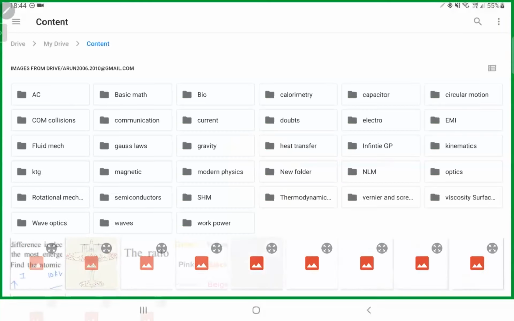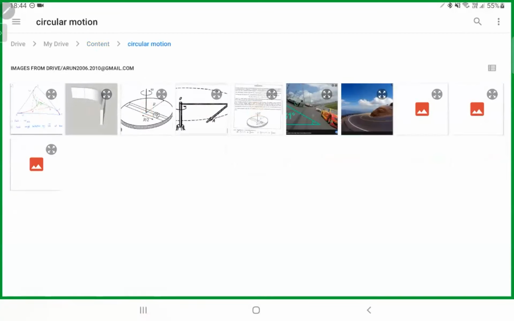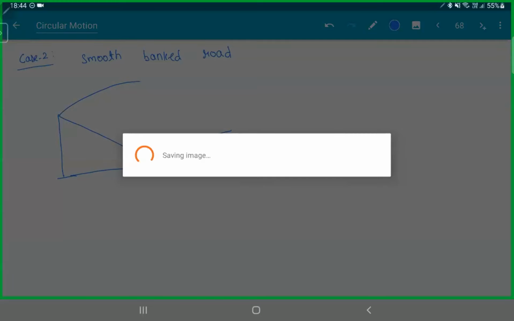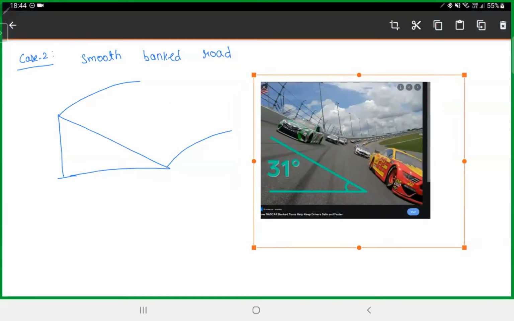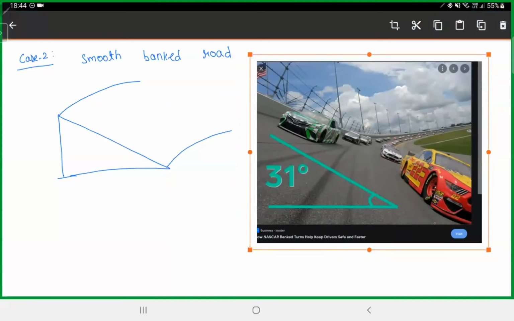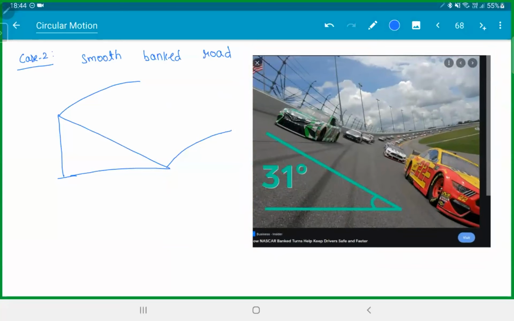You can see this more clearly when you're looking at F1 race cars or NASCAR. This is how the roads are. Can you see how much it is banked here? It's almost 31 degrees banking. These cars are going quite fast, so you need a very high angle here.